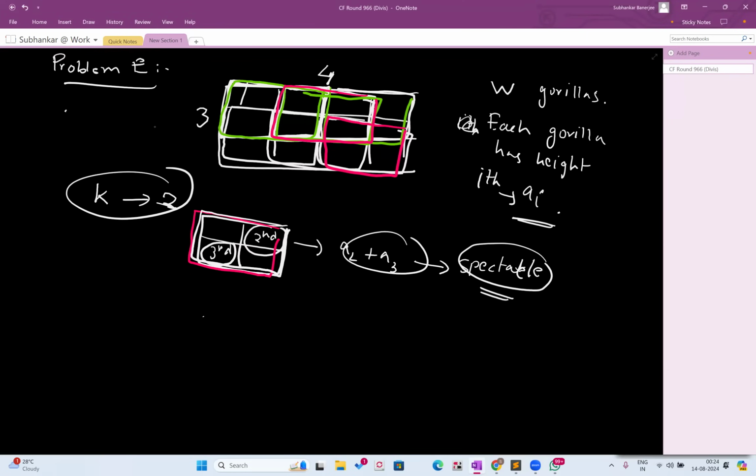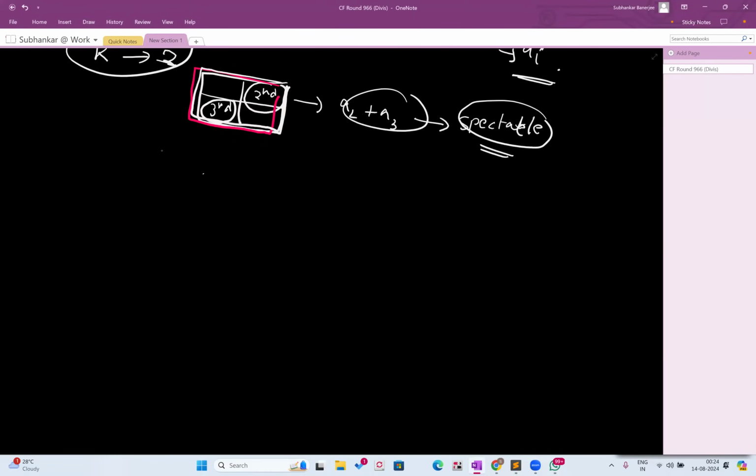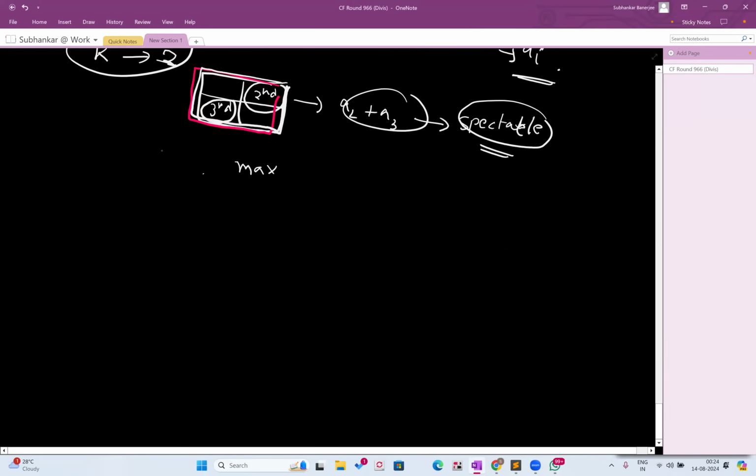And for the total grid, we just iterate over all the subsquares of k cross k and add the spectacles of those subsquares. So now we have to make a possible arrangement so that we maximize the spectacle. We have to maximize this value.